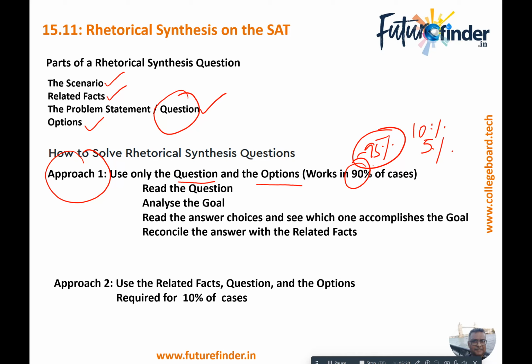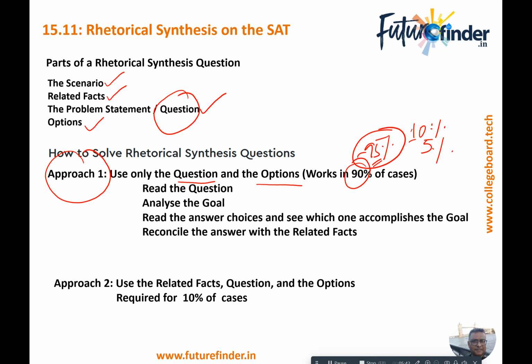This works with about 95% of the cases. Only the very tough questions on the SAT probably ask you to go back to the related facts or the scenario. Scenario is obviously a constant, but they might ask you to go back to the related facts. We will take a look at these kinds of examples in the section that follows.